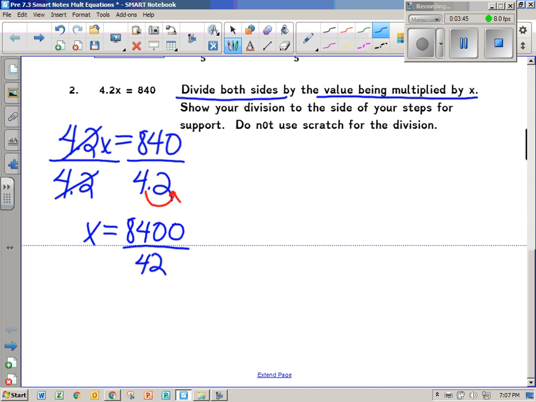So you'd get 8,400. Now, if you think about this, you don't really have to do long division. 42 into 84 is 2, evenly, and then you just throw on the 2 zeros. If you feel better doing the long division, of course you could do that too.